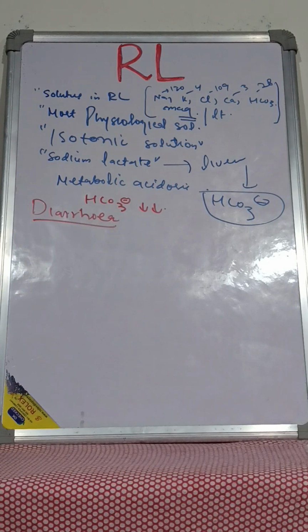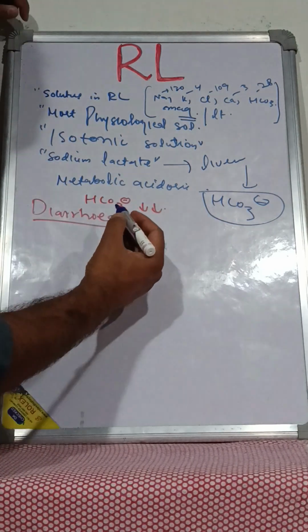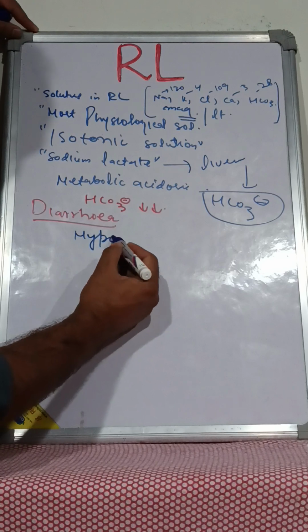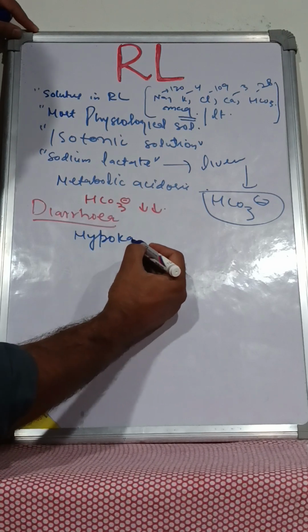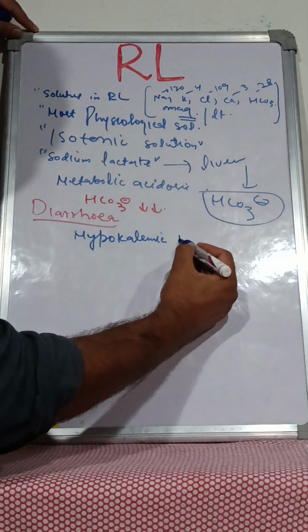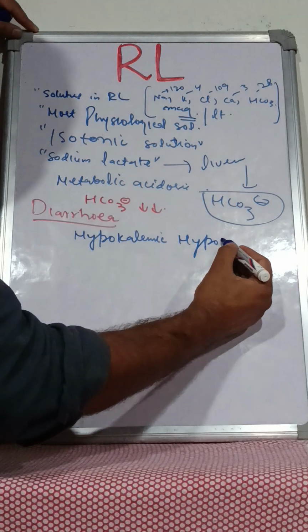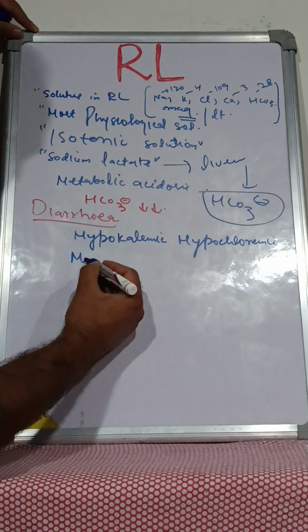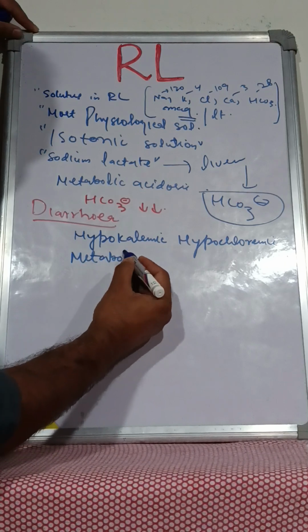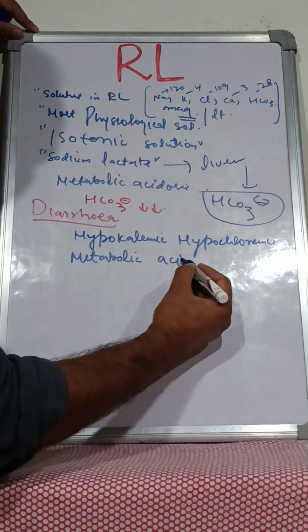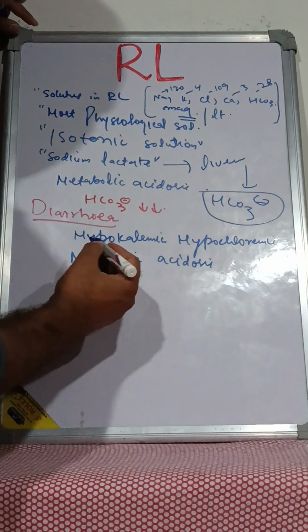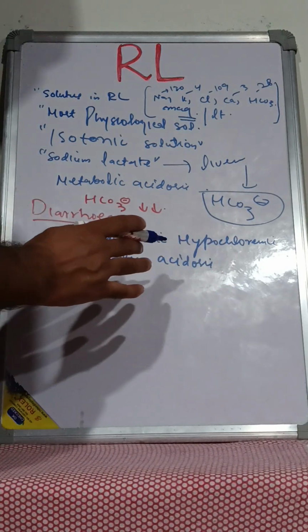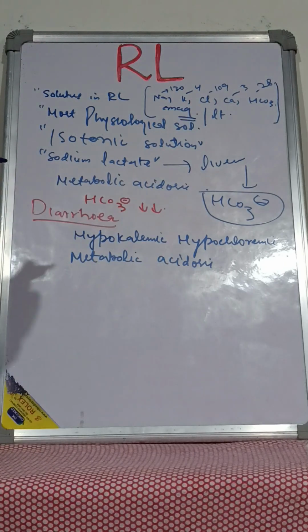Because the principal biochemical derangement in diarrhea is hypokalemic, hypochloremic metabolic acidosis. Hypokalemic hypochloremic metabolic acidosis is the principal biochemical derangement in diarrhea.